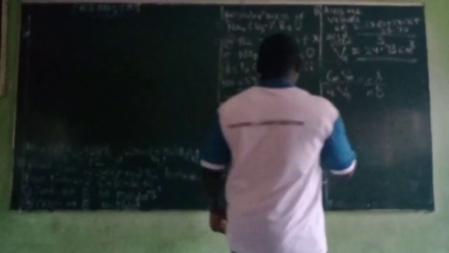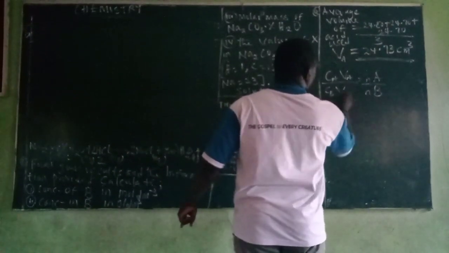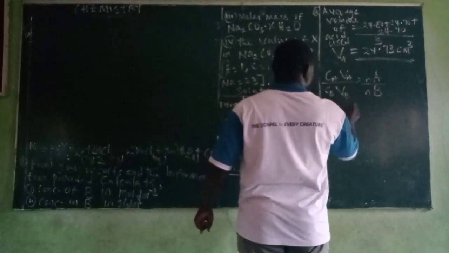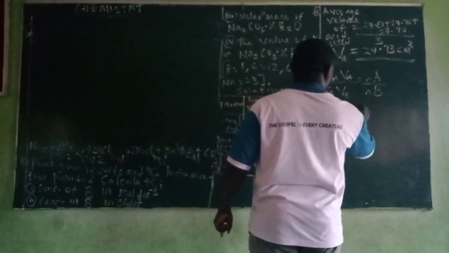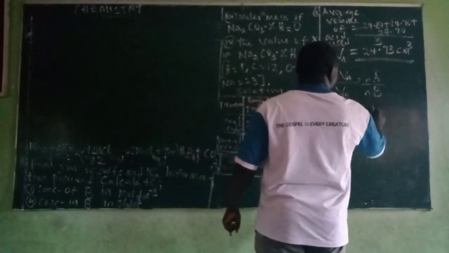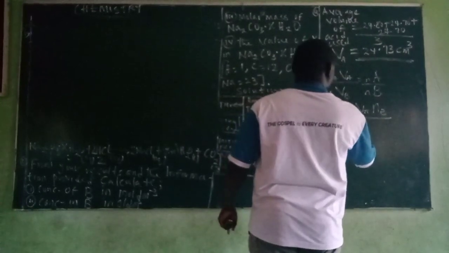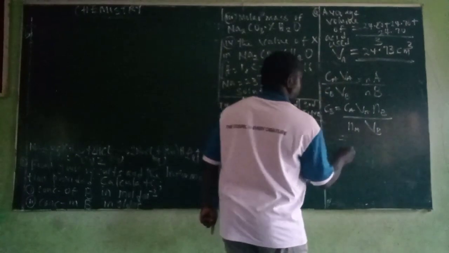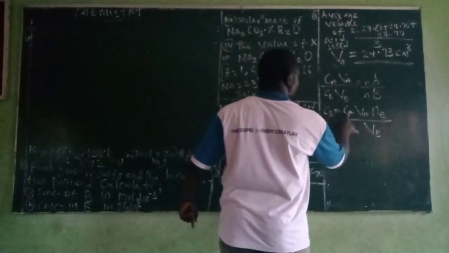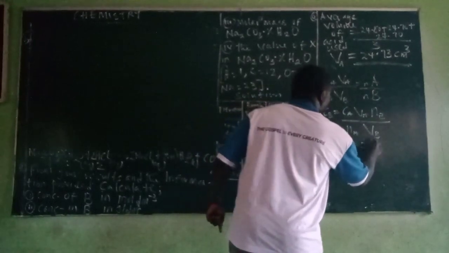And so, if it is 1 to 2, then we can make concentration of B the subject of the formula. That will give us CA, VA, and NB over NA and VB. In this case, we are given the concentration of A, and that's 0.200.